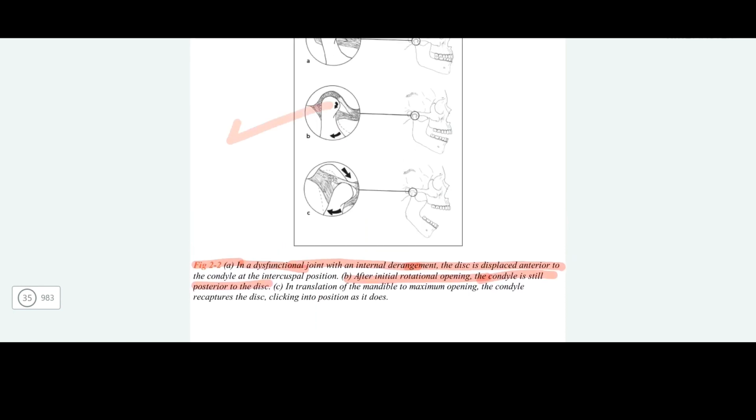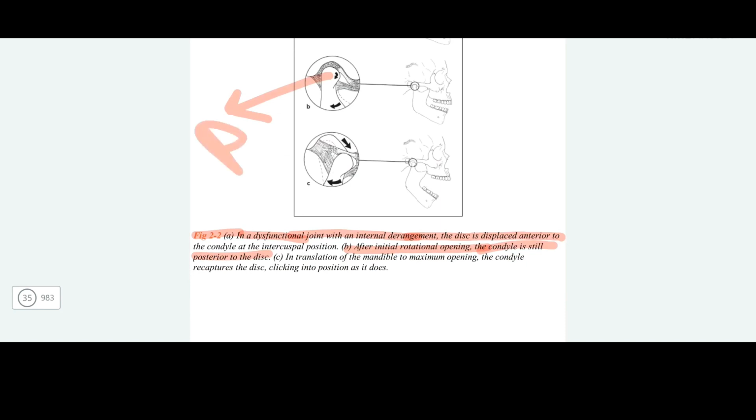In number B, after initial rotational opening, the condyle is still posterior to the disc. That is not healthy. The condyle is still posterior and the disc is still anterior.